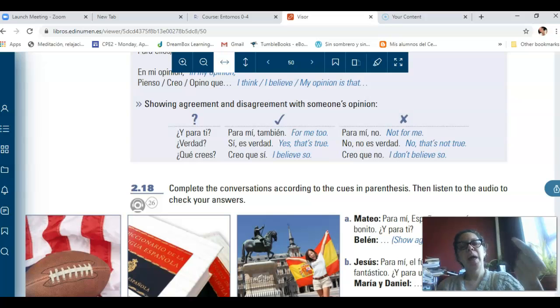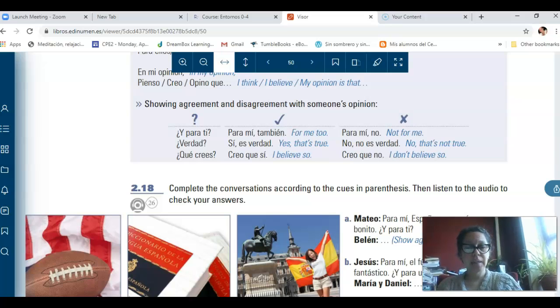Then if I want to ask another person, and for you, then I can say, y para ti, y para usted, ¿sí? Para mí también, if I want to agree with that person who said already his opinion or her opinion, I can say, oh, for me too, ¿verdad? Para mí también, ¿verdad? True.